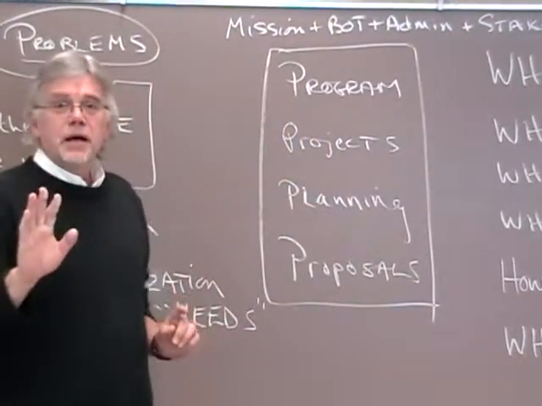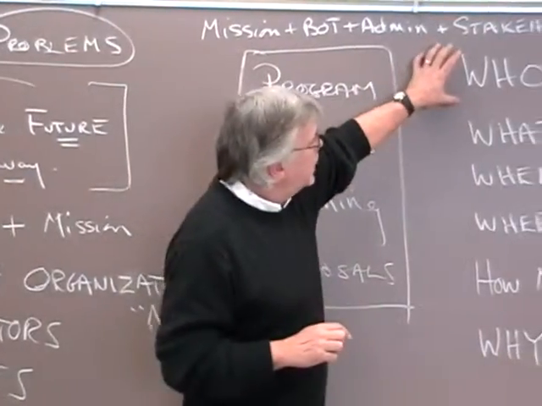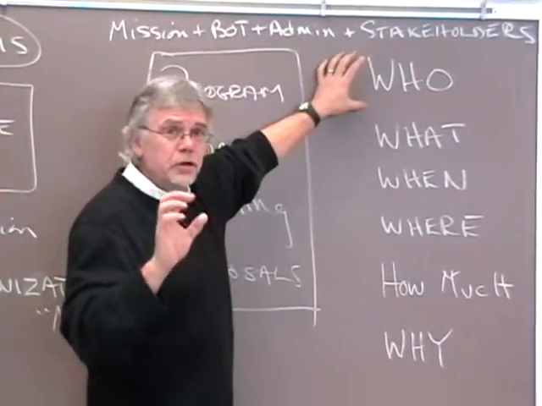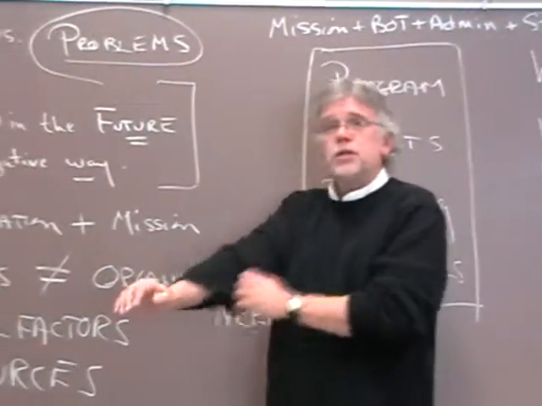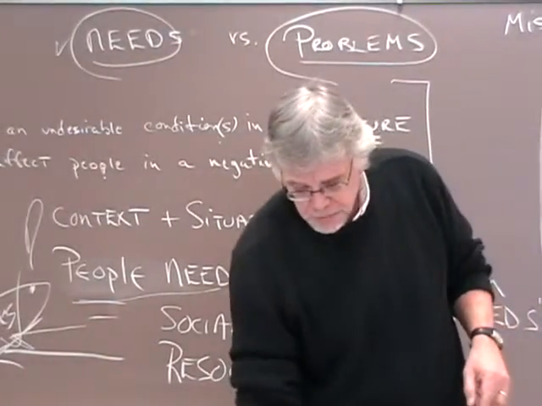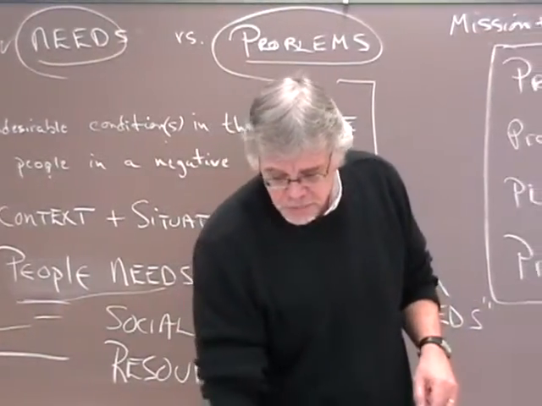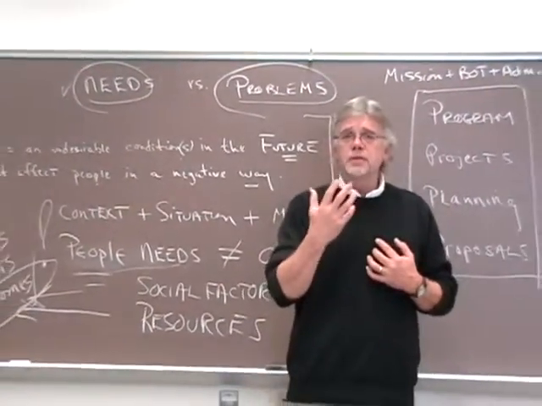Okay, finally then, as we'll wrap up, is that I'd like for you to also, as you're doing your needs assessment, looking at context, situation, mission, you're going to be looking at all the different techniques that were set out in your readings, normative needs, felt needs. A couple things here.